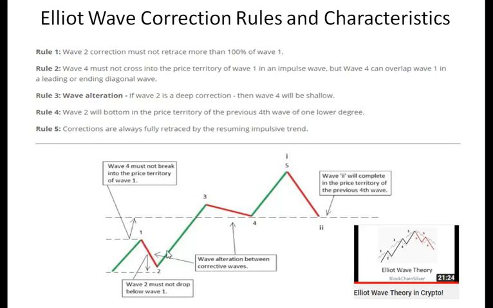If this does not occur, if it is not fully retraced, if it just goes something like this, or something like this, then that is an ABC. You're starting an ABC correction, and that's why they have that rule.